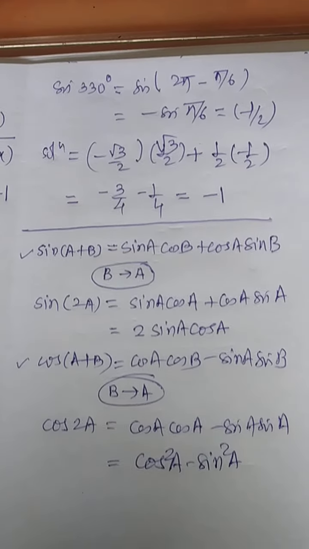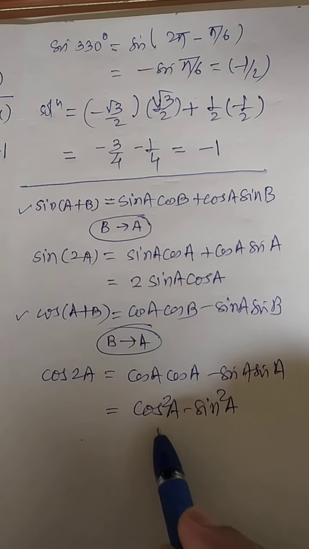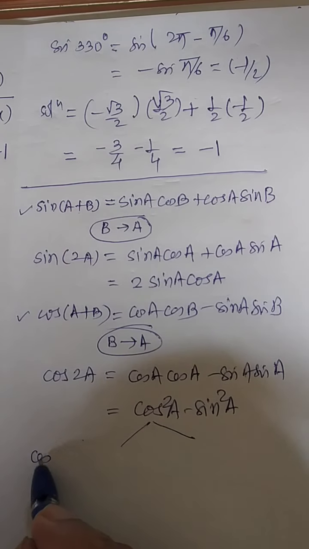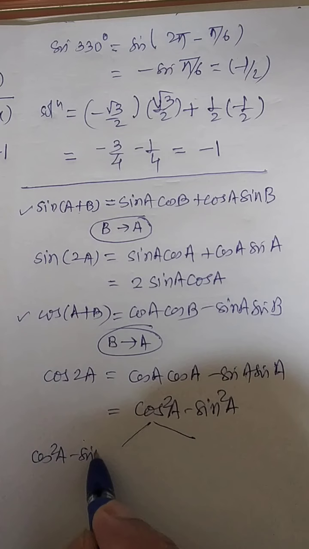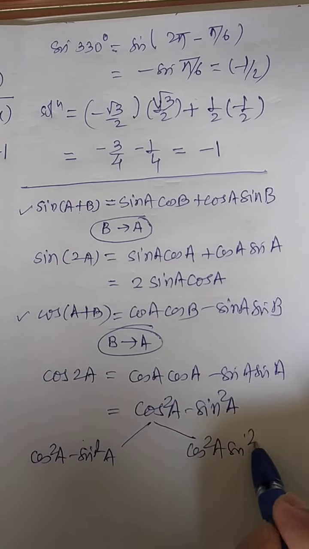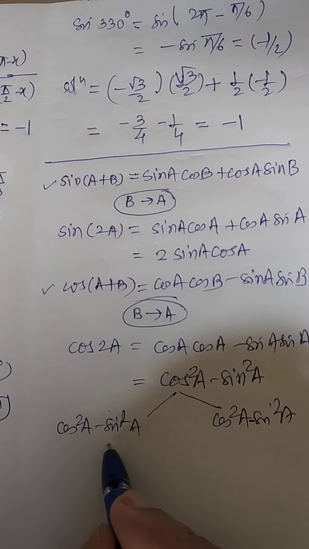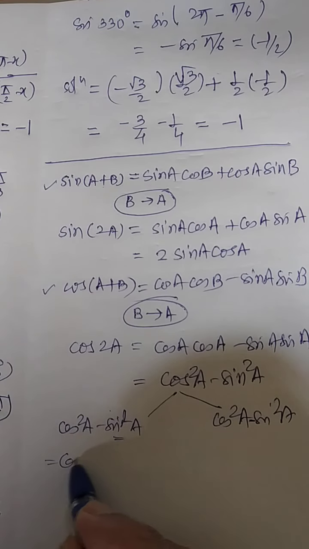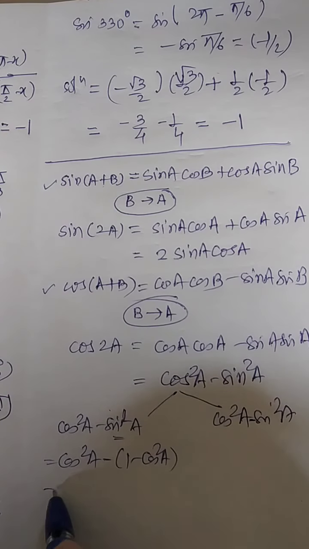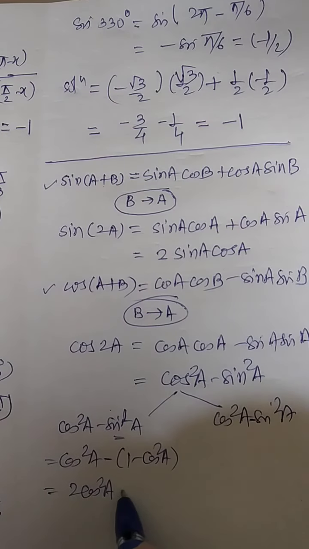Okay. Now from here also there are 2 approaches. Look what I am doing, cos square A minus sin square A I am writing here. Over here also cos square A minus sin square A. Here this sin square I am changing and writing as 1 minus cos square A, and if you simplify you will get 2 cos square A minus 1.